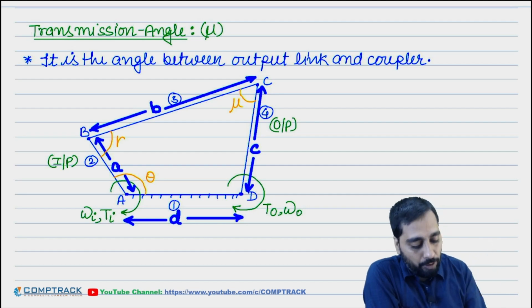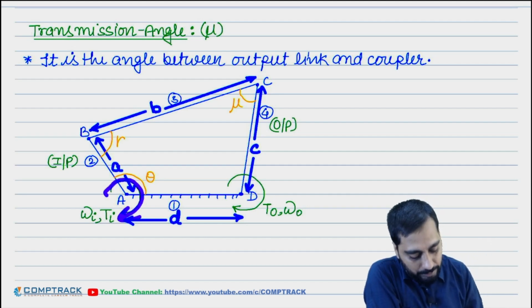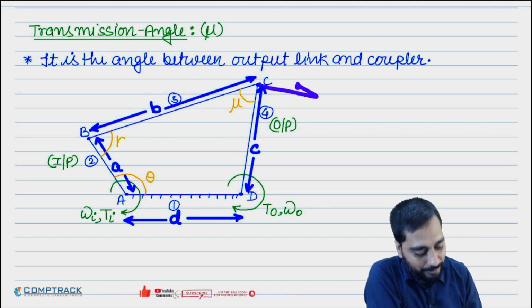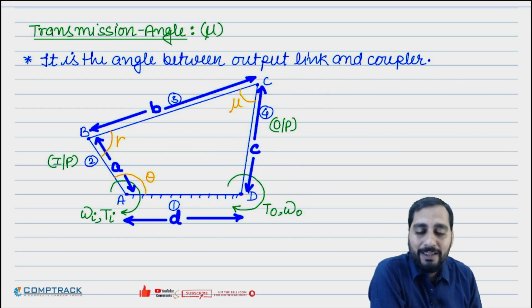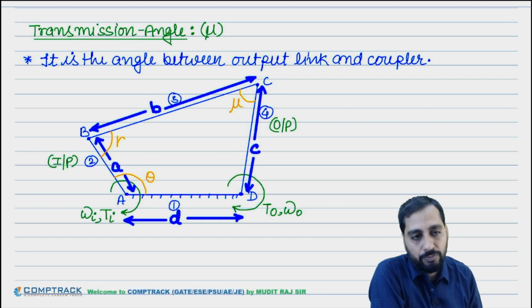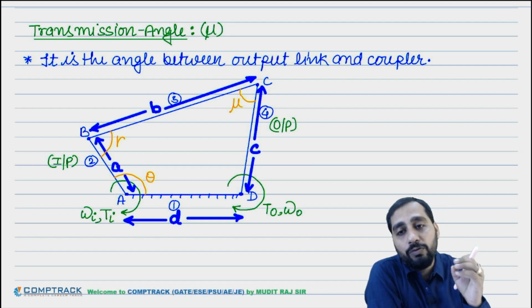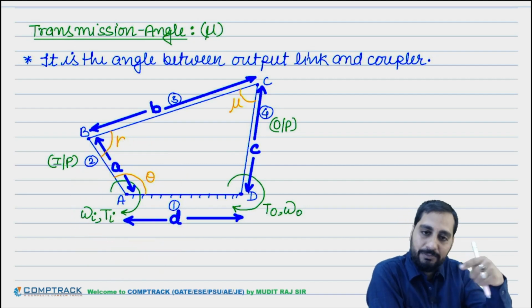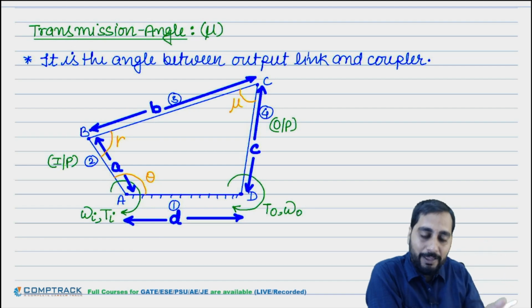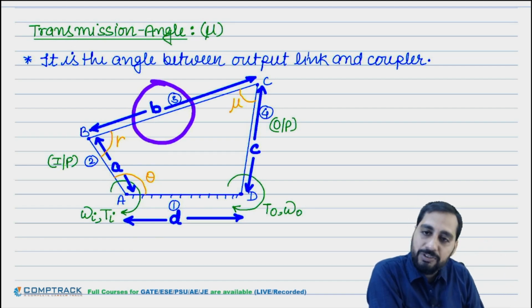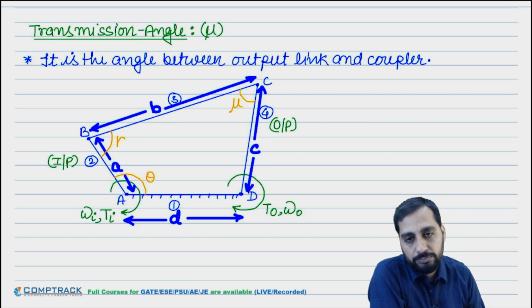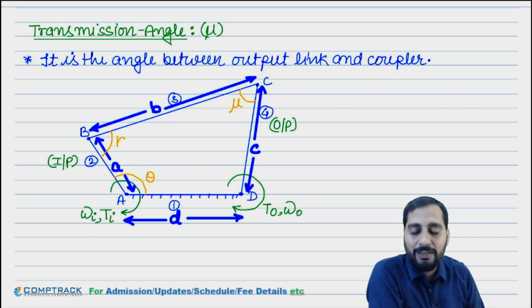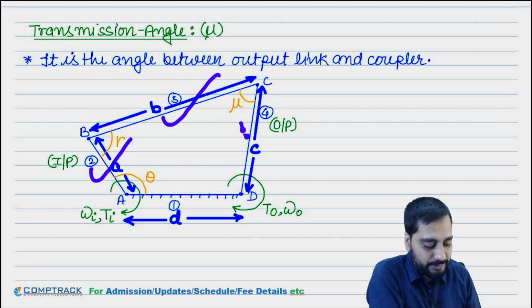Now, when we apply torque at the input link, the force will be applied here, then this force will come here, and due to this force this link will start rotating and torque will be applied at the output link. Now, as the mechanism moves continuously, the value of forces will be continuously changing in all the links.